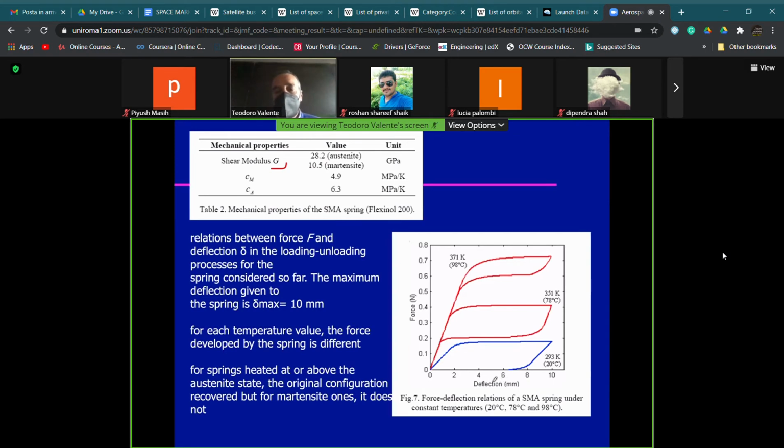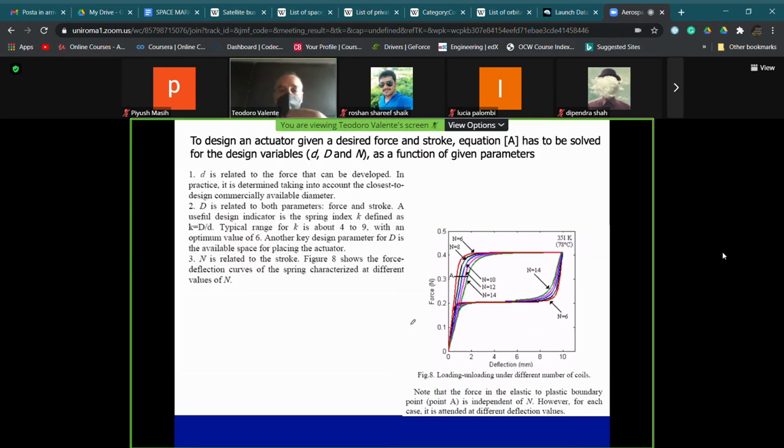And so we can know, according to the expected deflections due to the shape memory behavior, which is the force made available to us in order to move something, in order to move an object. So in order to have the actuation of a movement.